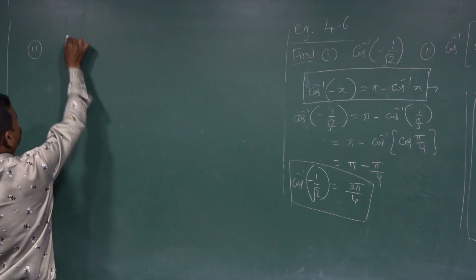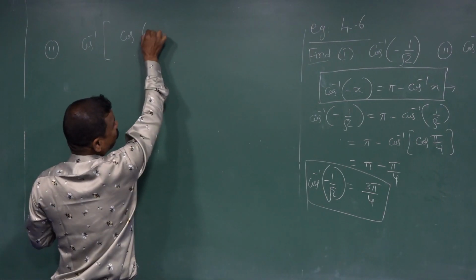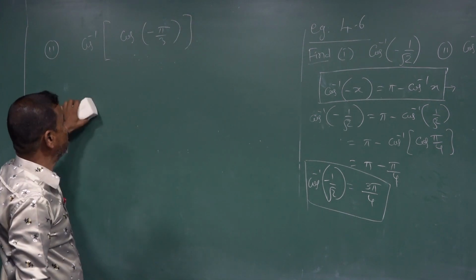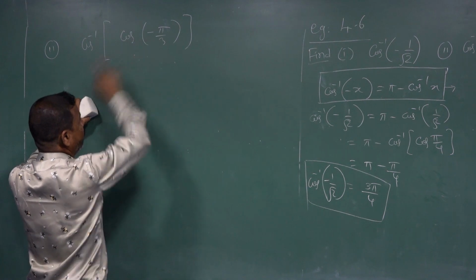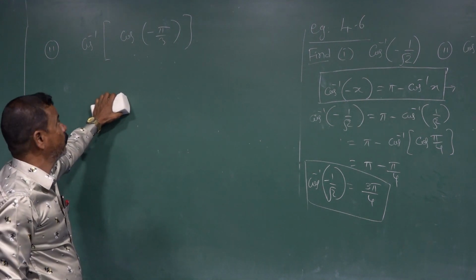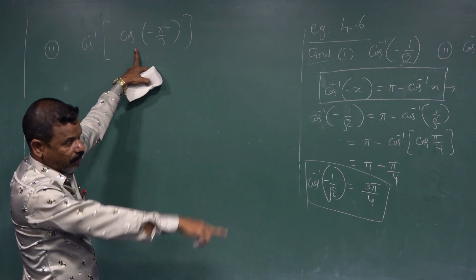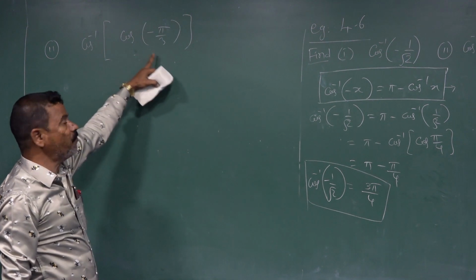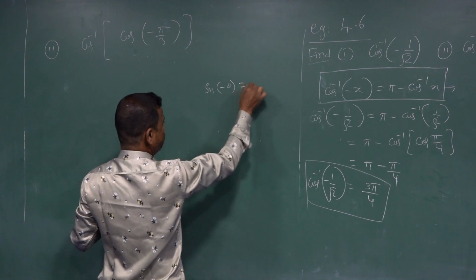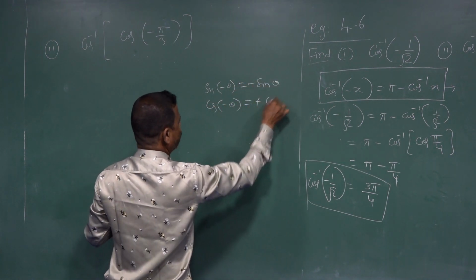Second, cos inverse of cos of minus π by 3. Here cos of minus is given. This is a different problem, not minus x inside the inverse. Here cos of minus is given, so different formulas apply. Sin of minus theta is minus sin theta. Cos of minus theta is plus cos theta.